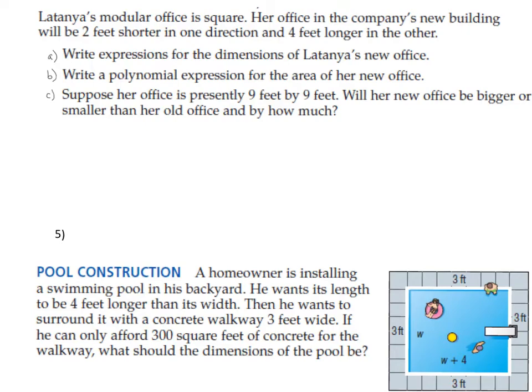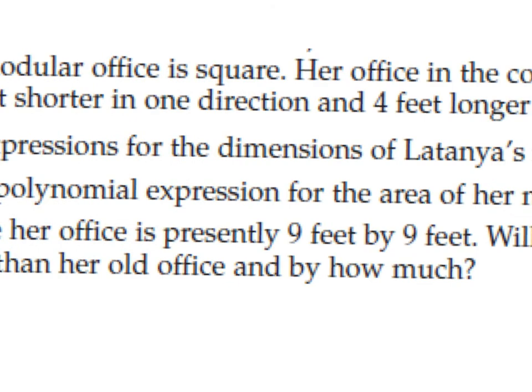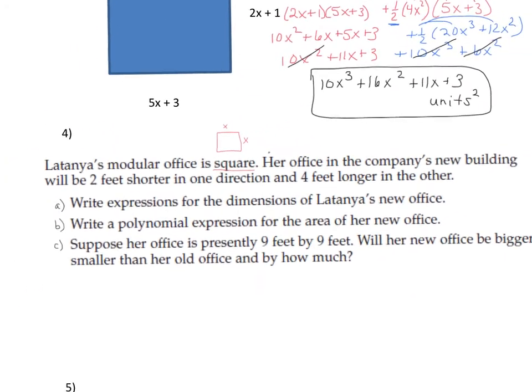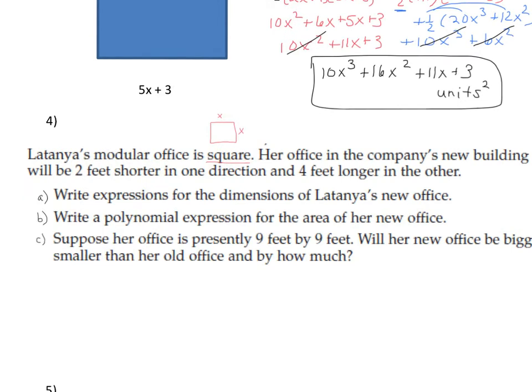Okay, so let's think about this just for a second. If I'm thinking about that she has a square office, okay, I'm going to draw a couple figures here for you, but if I'm thinking square office, hopefully we understand that all the sides would be the same. So if I call this like an x by x, okay? Her new office, so if I'm looking at her new office, will be 2 feet shorter in one direction and 4 feet longer in the other.